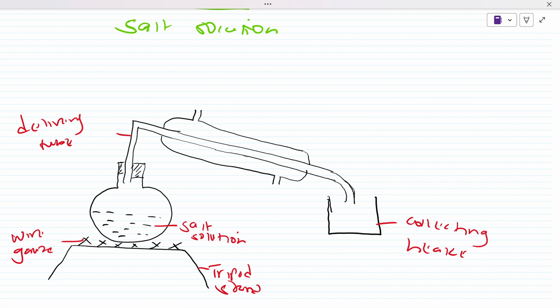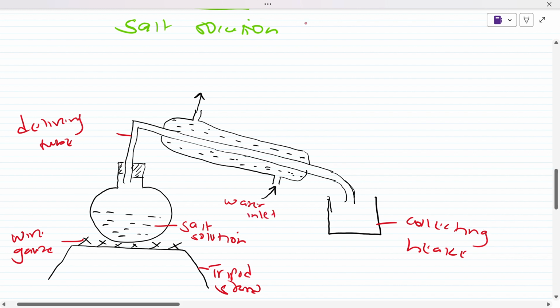And a condenser always has water in it. It's always having a water system that helps cool the vapor. Now this is always the inlet. This is the outlet. And I'm going to label that very well for you to know that this is water inlet. Then this is water outlet. The whole system is just a condenser.